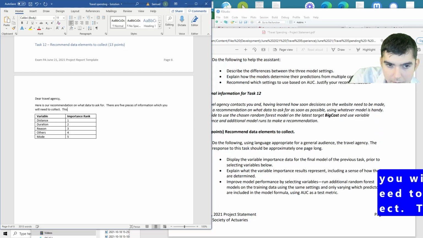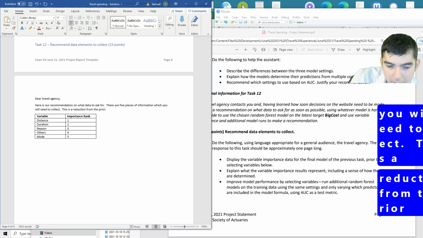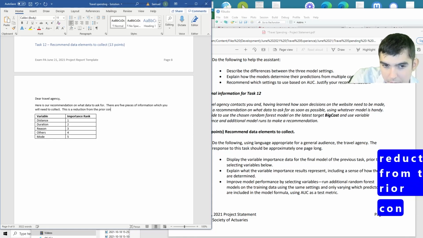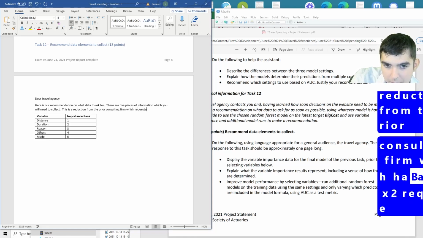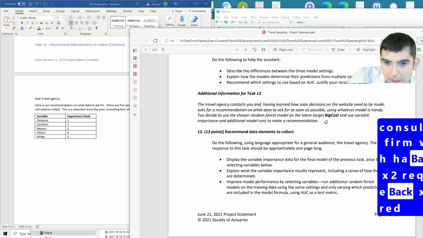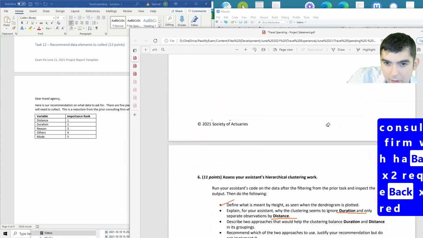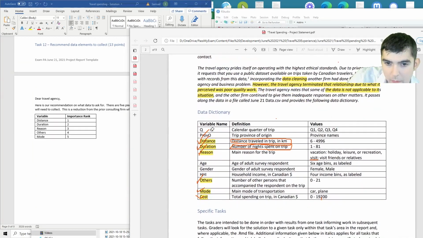This is a reduction from the prior consulting firm, which required how many, like 1, 2, 3, 4, 5, 6, 7, 8, 9, 10.